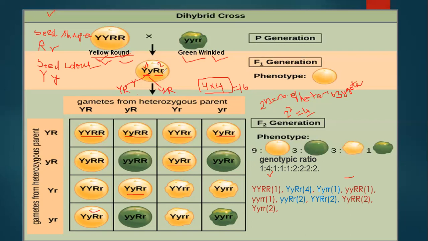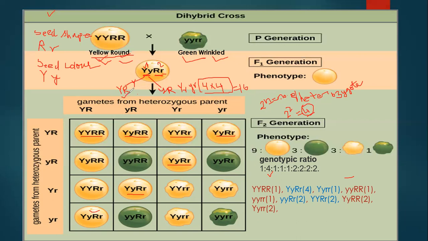And this small r also has an equal opportunity to go with capital Y or small y. So you have capital Y small r, and small y small r. And I have already told you how many different types of gametes can be formed. So there are 4. So we are able to make 4 different types of gametes.